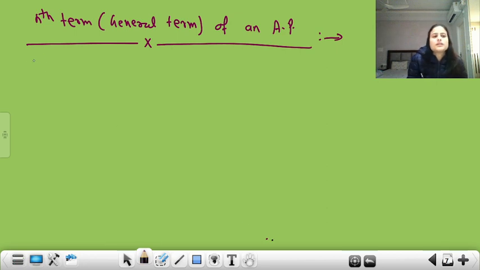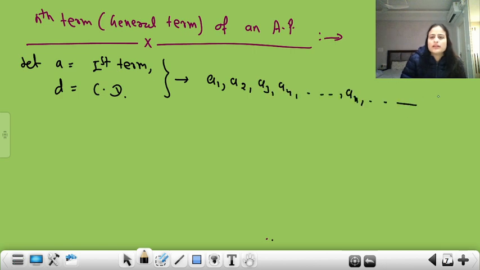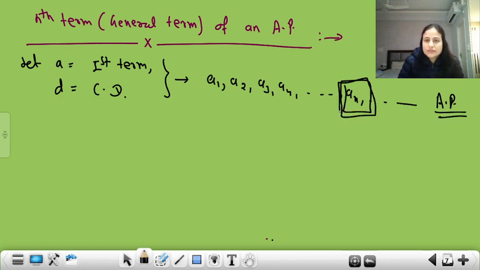I am taking small a denoting the first term and small d denoting the common difference, right? And my sequence is like a1, a2, a3, a4, keep going like that, an, keep going like that. This is an AP. So my question is how to get the formula for this nth term.